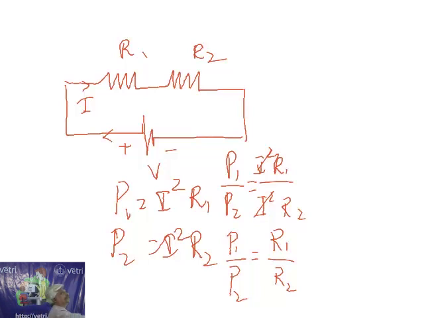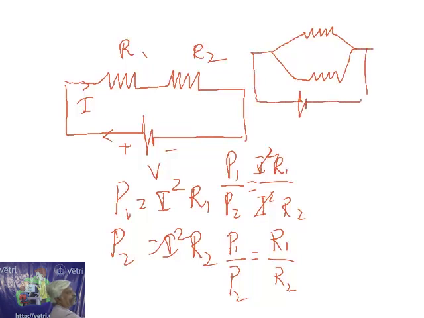Suppose the two resistors are in parallel. A similar circuit can be drawn. If two resistors are connected in parallel to a battery, this current goes here, so the current is branched out, then coming out as I. If I1 is the current through R1 and I2 is the current through R2, what is the concept here?